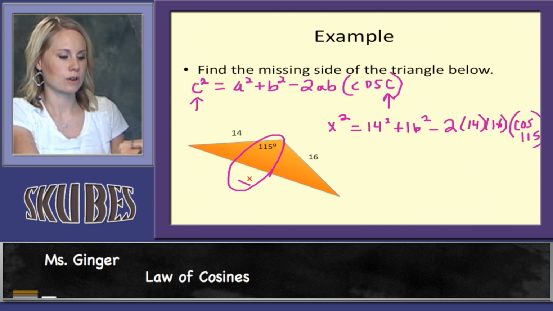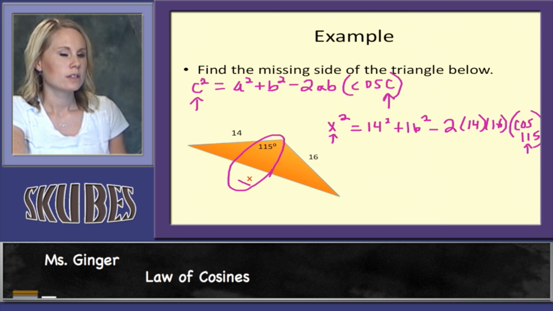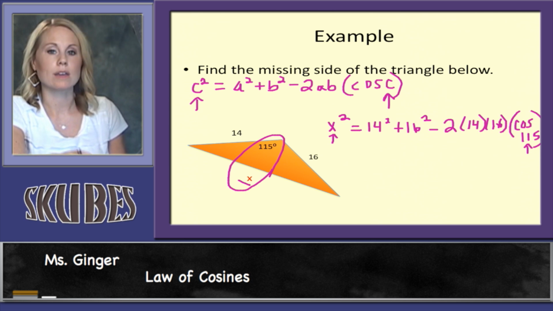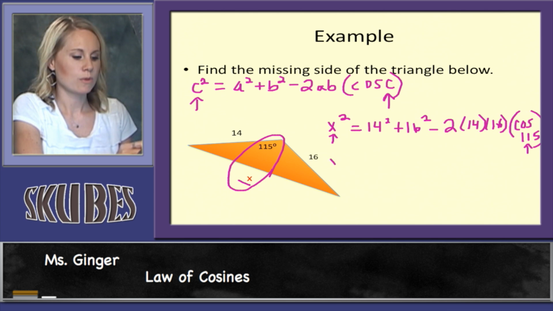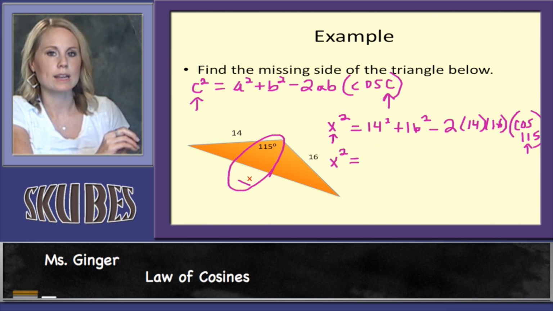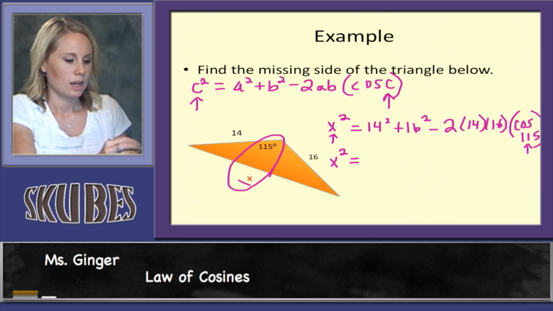And I just want to make sure I have a match here. That side goes with that angle. Yes. Okay, so we will continue our calculations. Just be really careful in your calculator that you follow order of operations. And we're trying to solve for this x, this missing side. So eventually we want to get x isolated. That's how we solve for a variable, is to get it alone on one side of the equal sign.